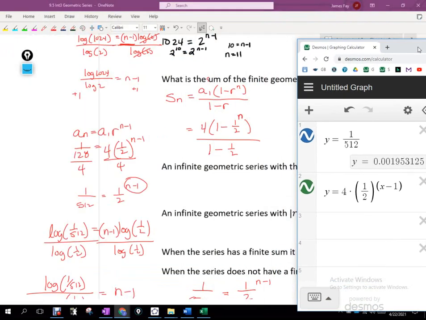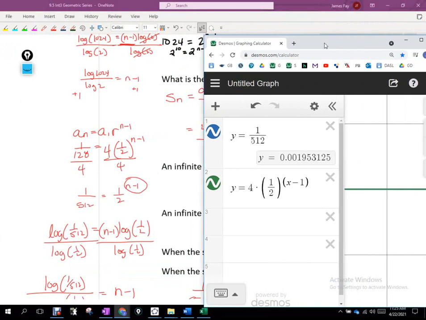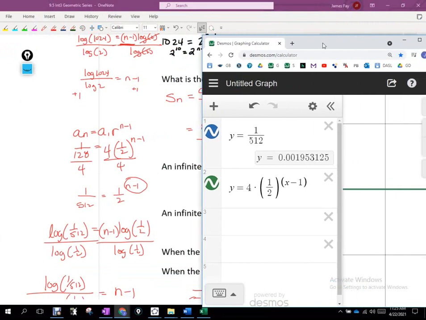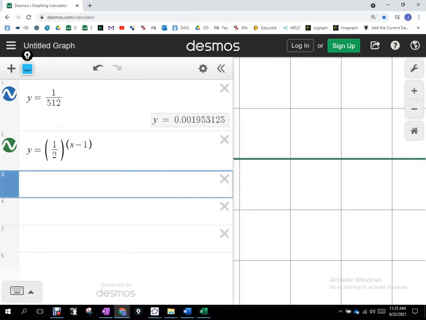Make sure I got this typed in right. Oh, I'm sorry. Get rid of that 4, because it's 1 over 512 and 1/2 to the n minus 1. Sorry. Does that make it any easier?